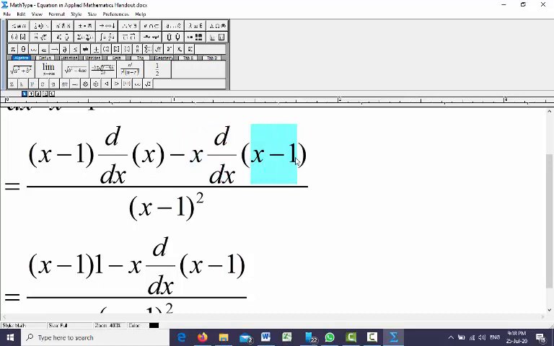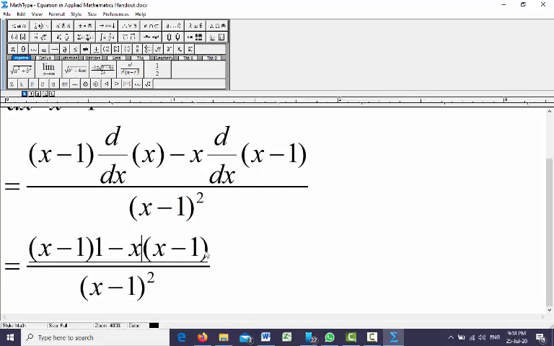So we got two items here. First we need to do differentiation of x, which is 1, and differentiation of this one is 0. So if you do differentiation of this one, you get only 1. We have already done the differentiation, so the differentiation sign will no longer be there.